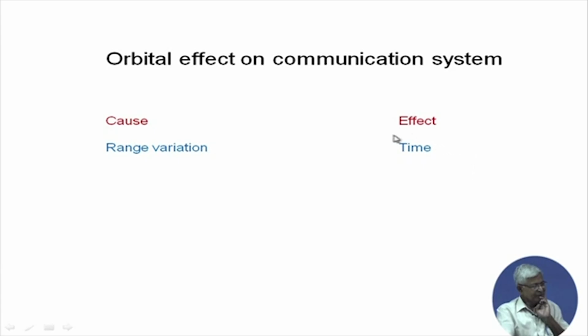It is important in the communication system when we talk about multiple access, particularly time division multiple access, that is many people are trying to access the satellite resource, and each person is allotted a different time so that they should not interfere with each other, and that means their signal should reach the satellite at the allotted time.